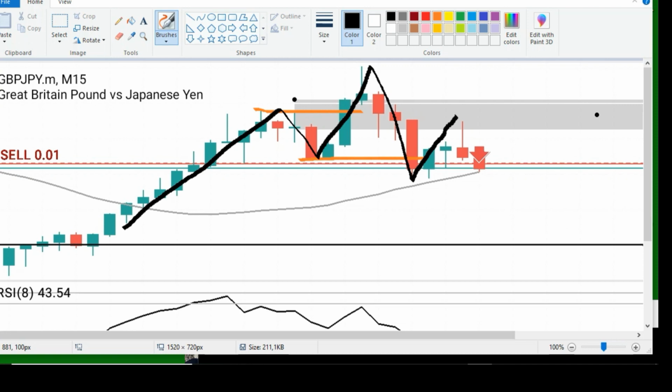And as you can see, I didn't just get into the market around here at the 50% area. No, I waited a little bit, and what I saw was this tail bar, this pattern right here, this candle right here gave me another influence that the market is going to go down.